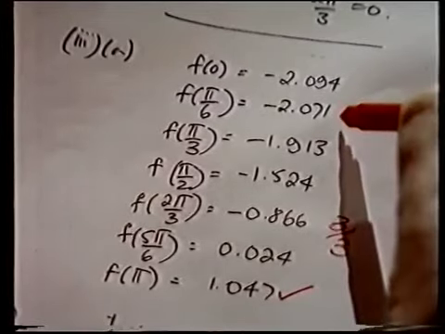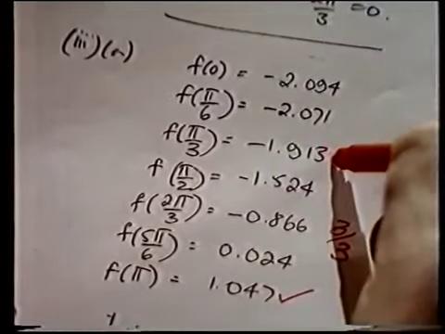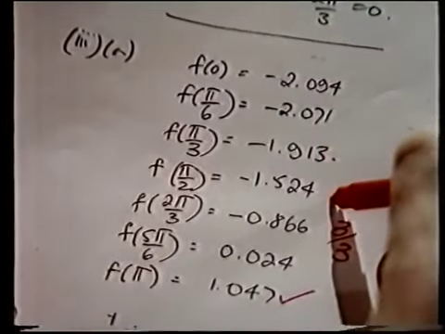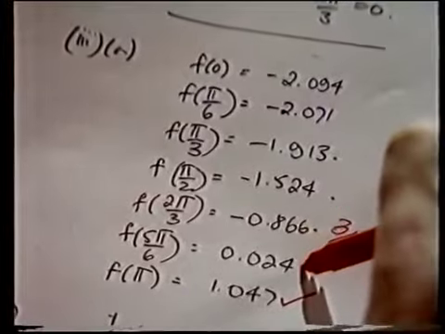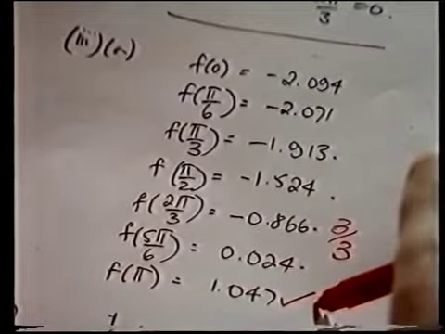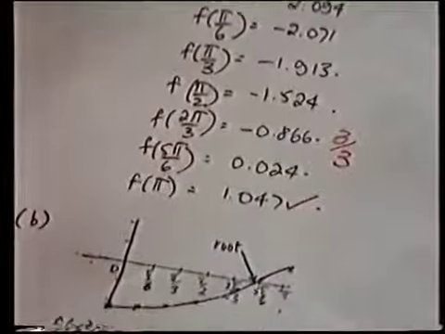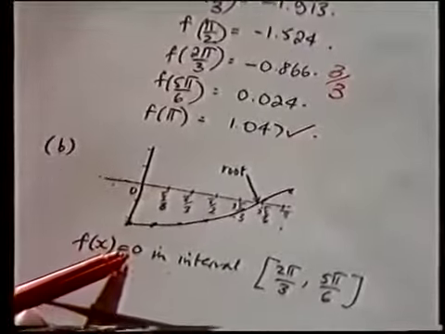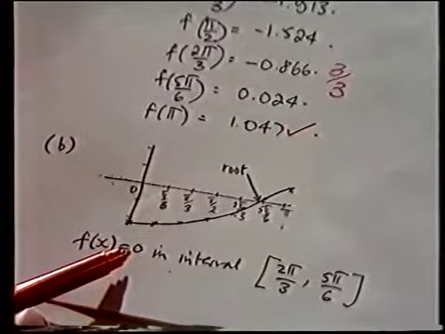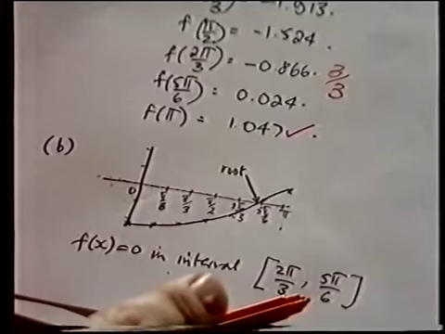Then we get minus 2.071, minus 1.913, minus 1.524, minus 0.866, 0.024, and lastly, f of pi is 1.047. Well, this student goes straight on and says f of x equals 0 has a solution in the interval 2 pi over 3 to 5 pi over 6.